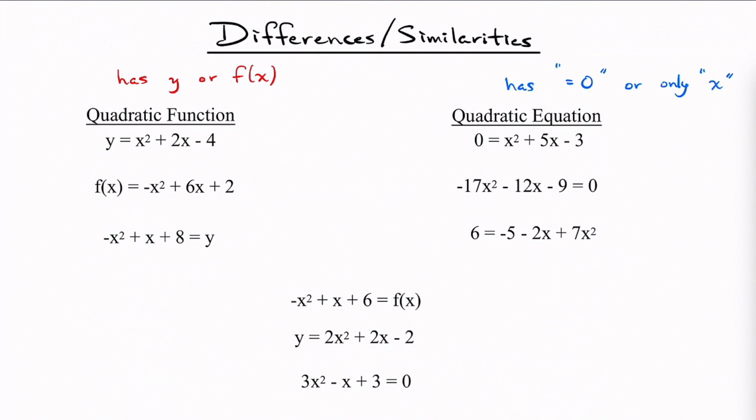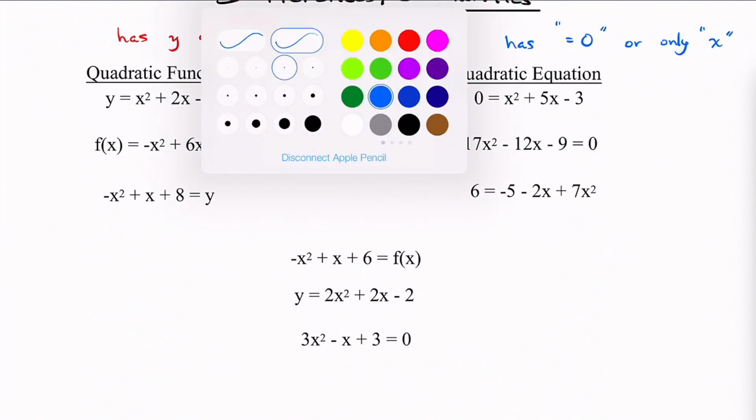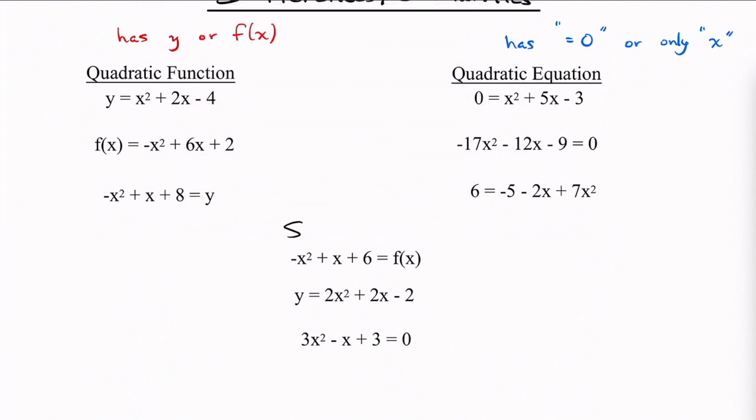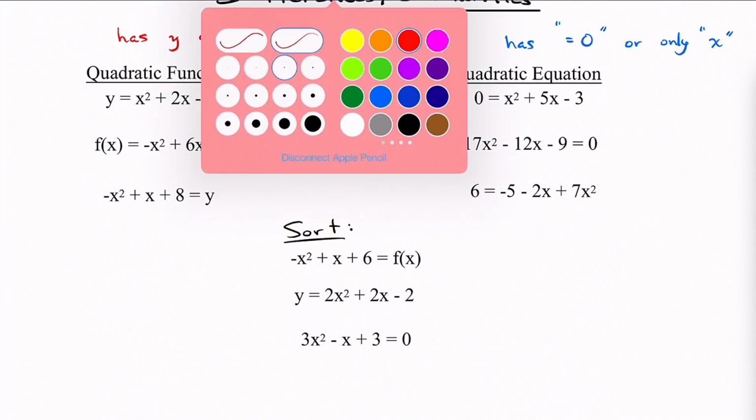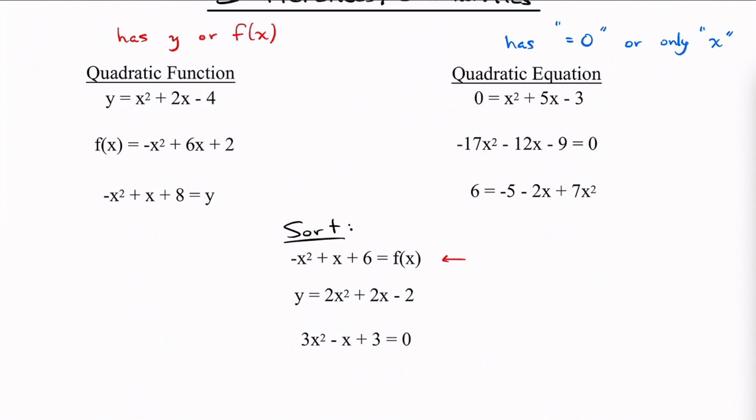Now looking at the ones down here at the bottom, I want you to pause the video and try to sort these either into a function or an equation. Okay, so the first one has f of x and it has x, so that's going to fall into the quadratic function category.